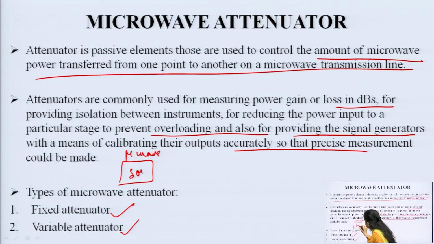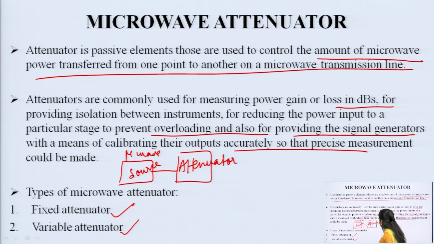Every test bench which we see in our lab is provided with an attenuator after the source. The power of the signal which we receive is reduced with the help of the attenuator, so that the other components in our microwave system do not get disturbed or overloaded due to the microwave power.